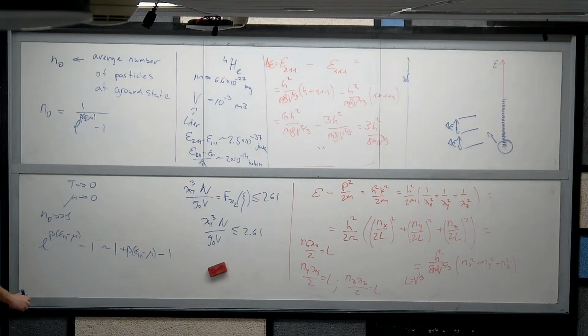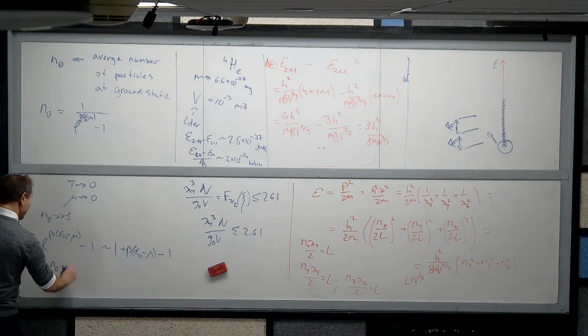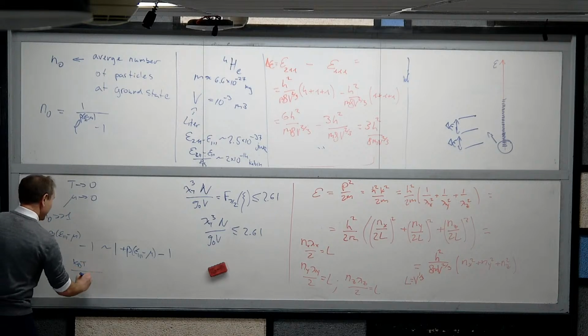So what I'm saying is that N0 is beta, or k Boltzmann T, divided by epsilon 1,1,1 minus mu.